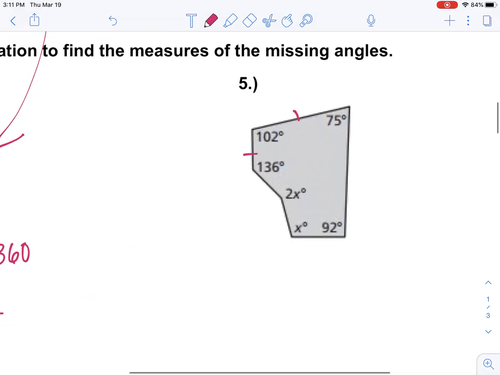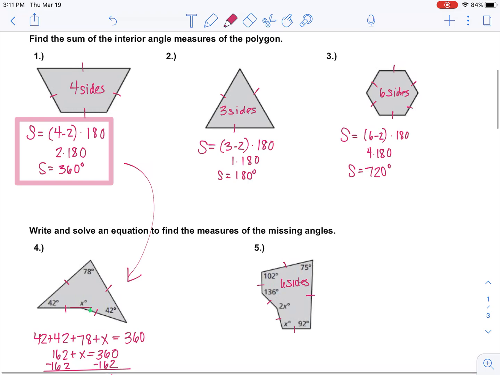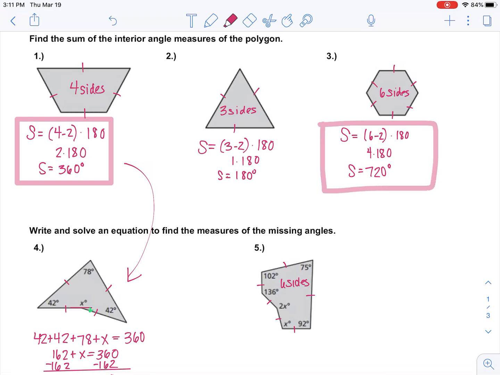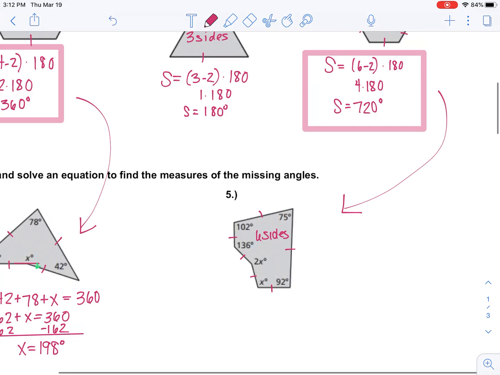All right, moving on to number 5. Number 5 is a 1, 2, 3, 4, 5, 6-sided shape. Again, focused on what we did above, we already know that a 6-sided shape, this hexagon, has 720 degrees for its interior angles, so we can apply that to number 5.